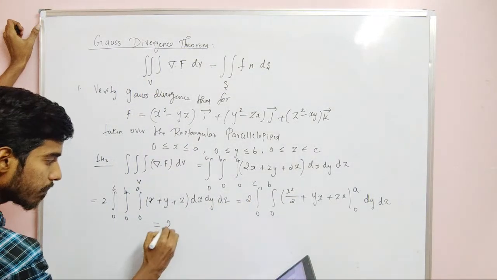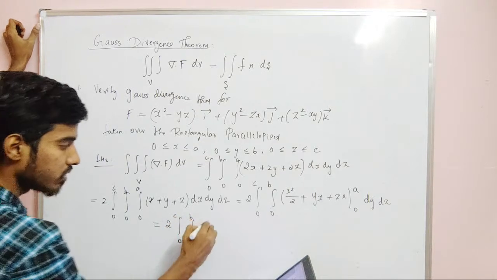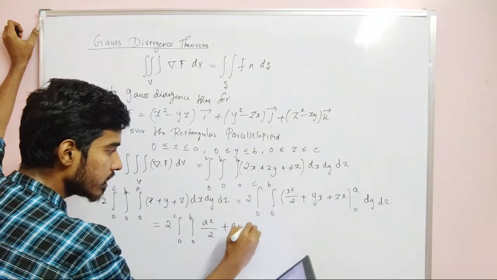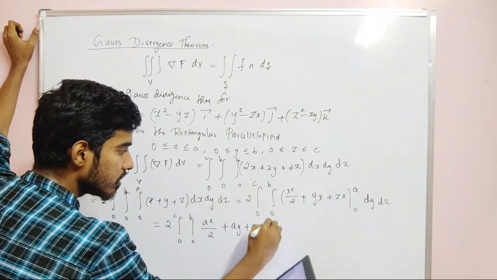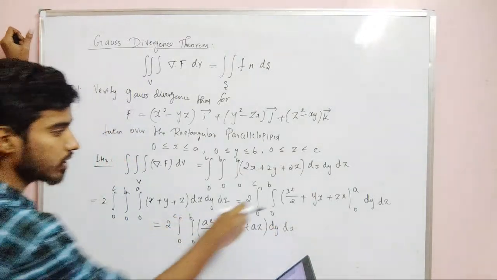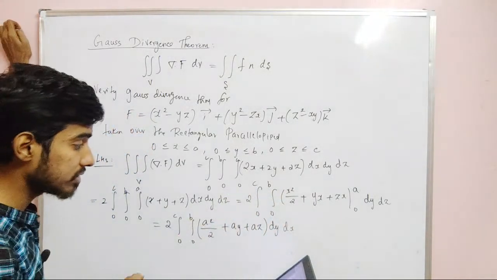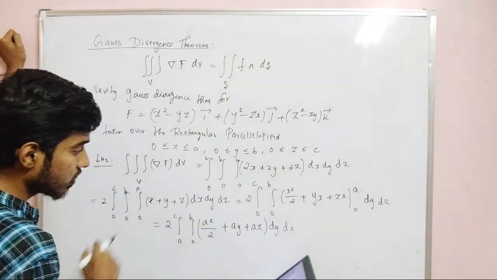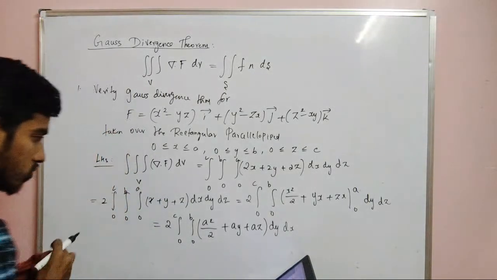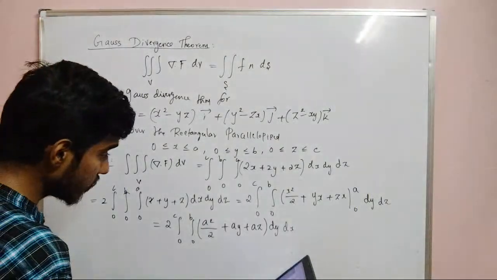So when I substitute, we have integral 0 to c, integral 0 to b of (a²/2 plus ay plus az) dy dz. Right, I am substituting the upper limit to be a, so we have a²/2 plus ya plus za. Now I need to integrate this with respect to y, right? For that, what you need to do?